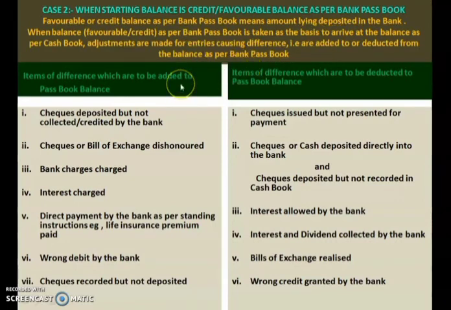See children, cash book items and passbook items to be added and subtracted are the same. Only difference is whatever you have subtracted in cash book, that you have to add, and whatever you have added in your cash book, that you have to subtract.